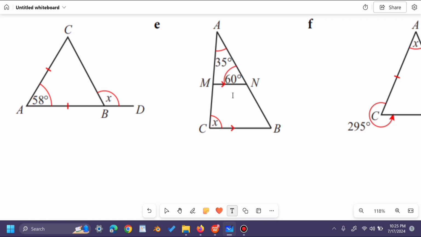So we can see that we can find angle AMN, right? And we can see a corresponding angle as well.